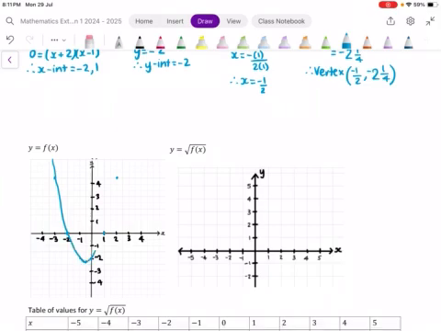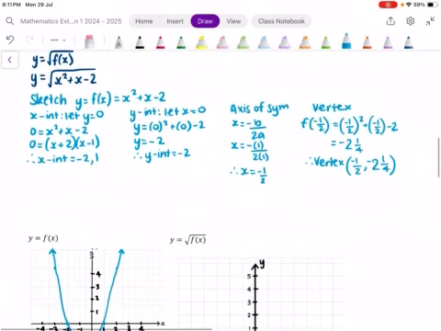Now, because we want the positive version of our parabola, for y equals the square root of f(x), it depends on what is underneath our square root symbol. So f(x) has to be greater than or equal to 0. That's for our domain.